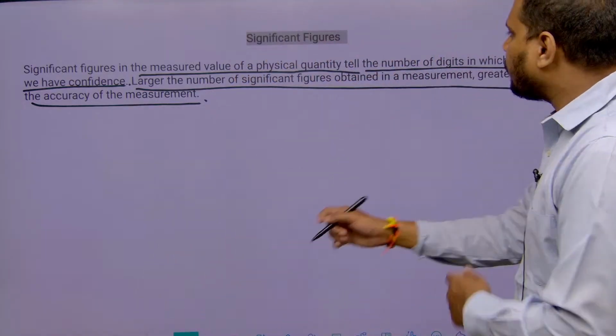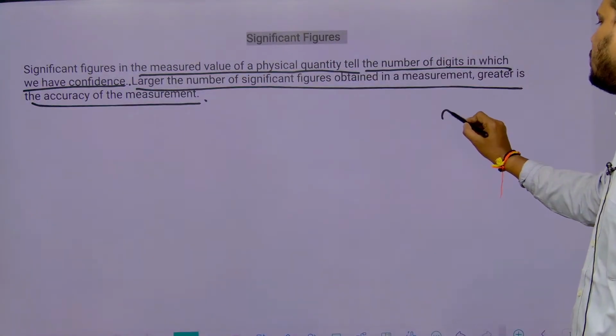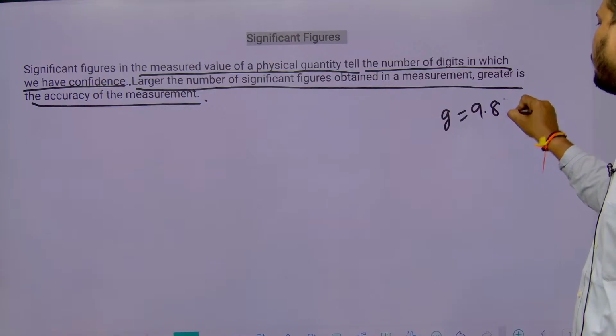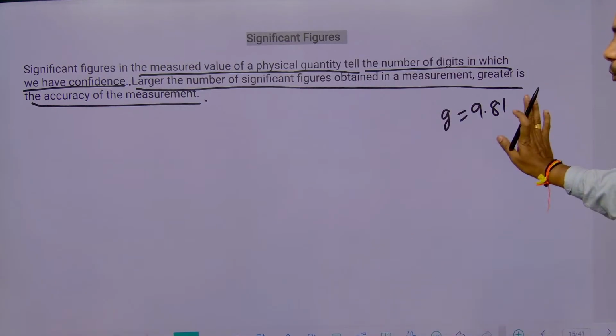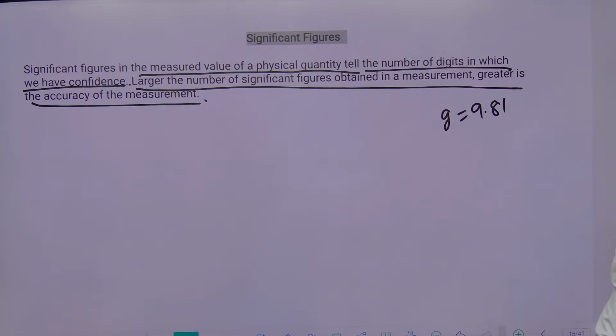Okay, now suppose we have the value like this. The g value, the true value, is 9.81. Are you clear? Suppose I take a measured value and I got 9.80. The last number may not be trustworthy.